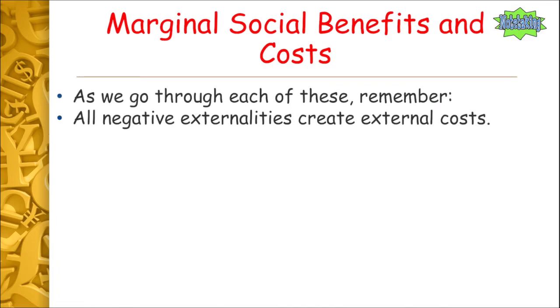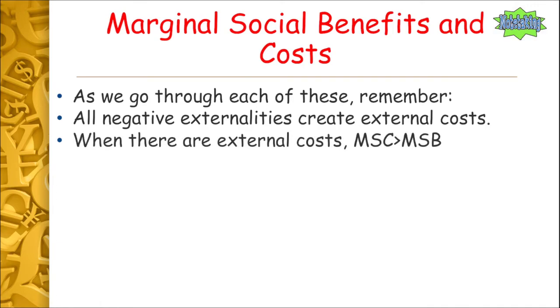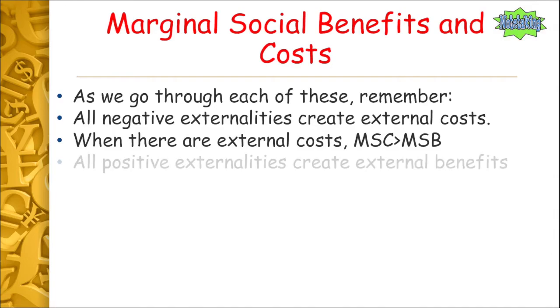When we're going through each of these in the next videos, remember that all negative externalities create external costs. They create extra costs outside of what are actually involved in producing the good or consuming the good. When there are external costs, marginal social costs are going to be greater than marginal social benefits, because if there's extra costs involved, then the costs to society are greater than the benefits to society.